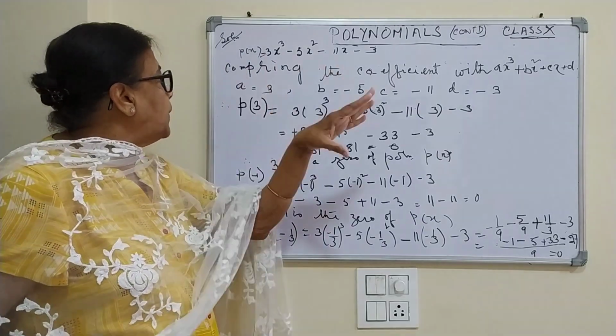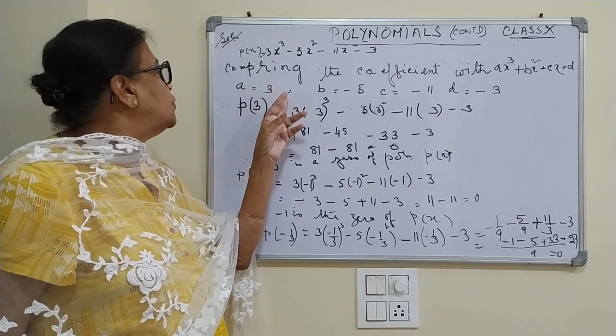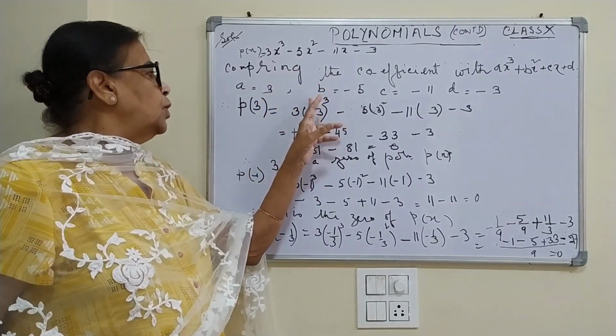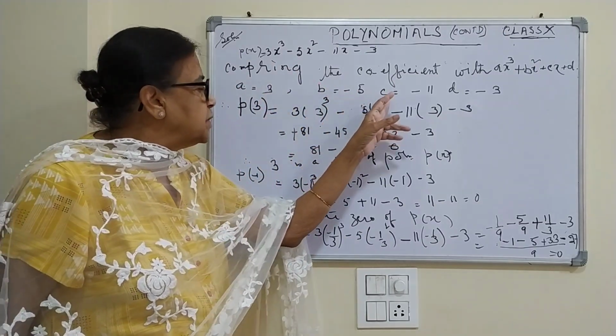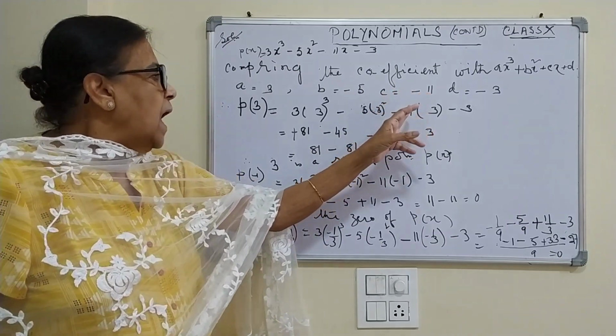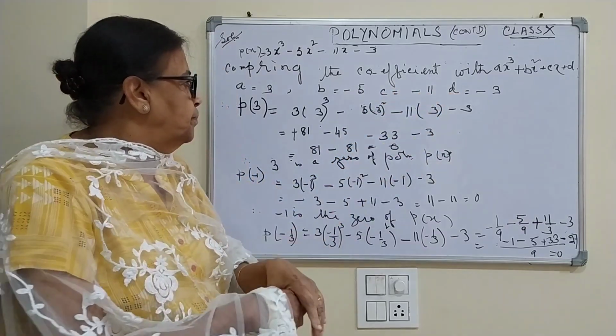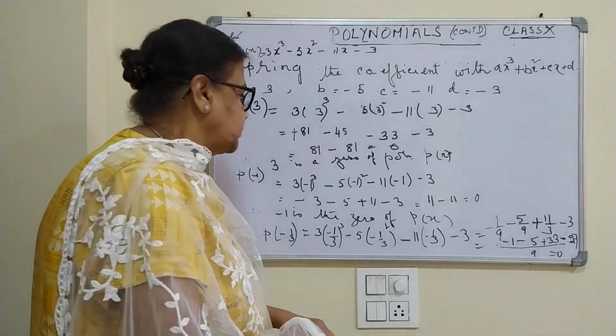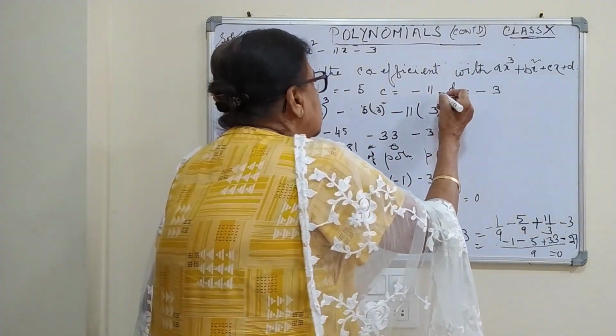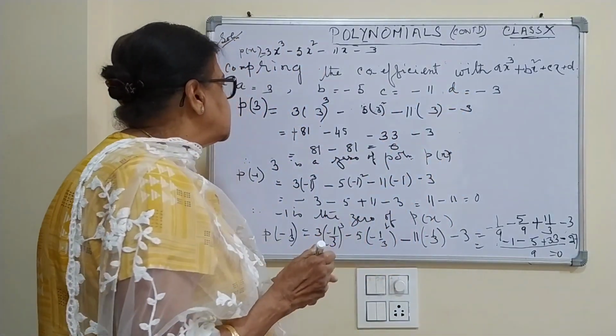Here, when we compare, we get a is equal to 3, b is equal to minus 5, c is equal to minus 11 and d is equal to minus 3.